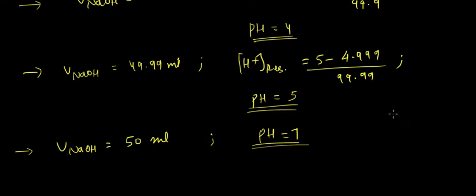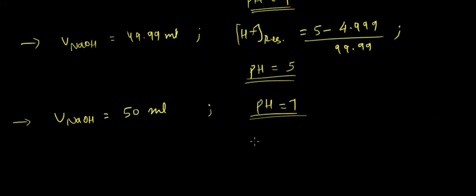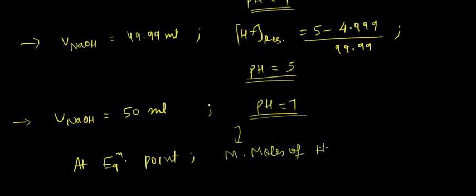We can directly have this 7. So at equivalent point, we can say the equivalent point is reached because millimoles of HCl would be equal to millimoles of NaOH.